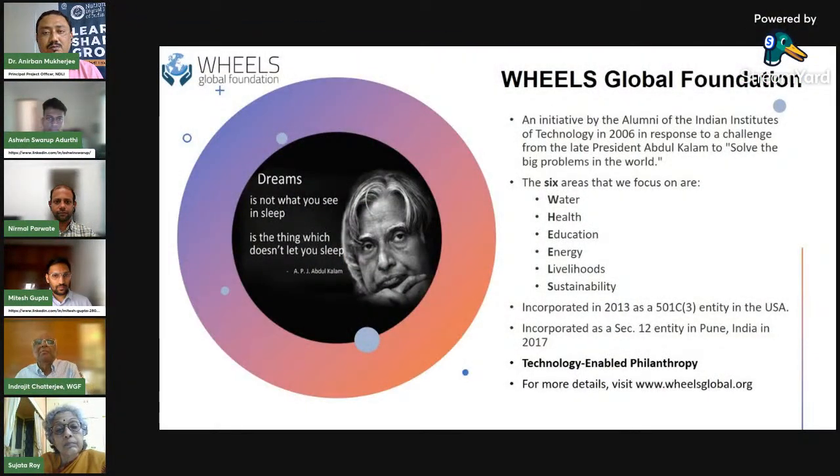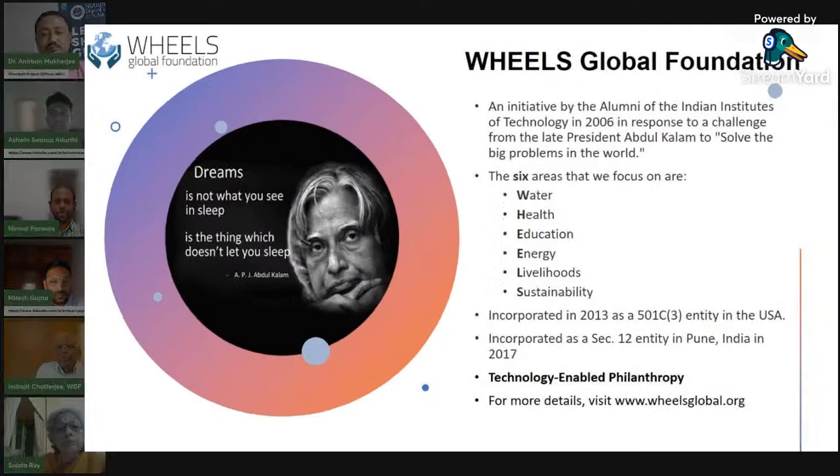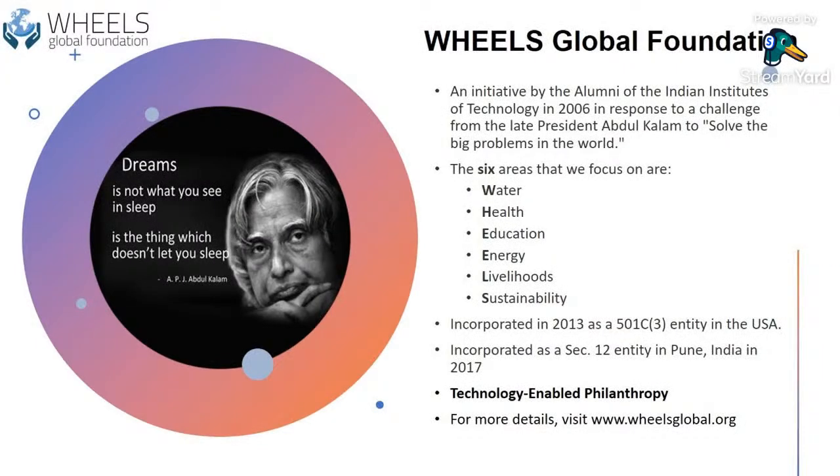The Wheels Global Foundation stands for water, health, energy, education, livelihood, and sustainability. With this, we use high technology for improving the rural population in India. Our target is to reach 20% of the rural population by 2030.